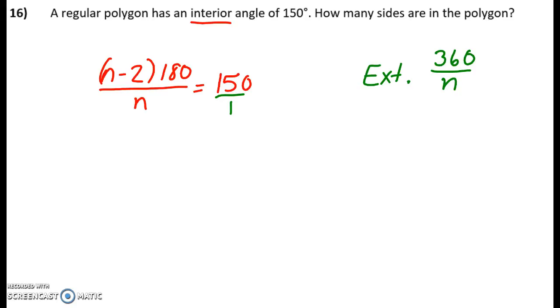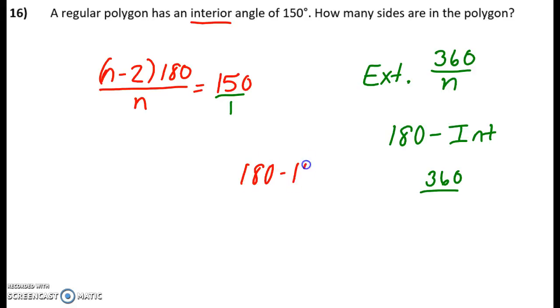Okay, or we can think of it as 180 minus the interior angle, and then we can divide 360 by that number, and that will give us n, or the number of sides. So I'm going to take that route. If we take 180 and subtract off 150, that gives us a total of 30 degrees for the exterior angle.